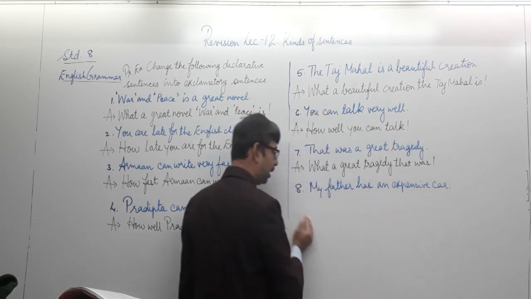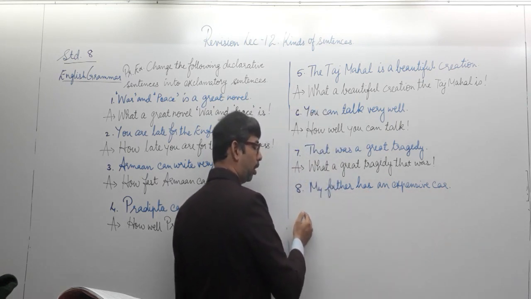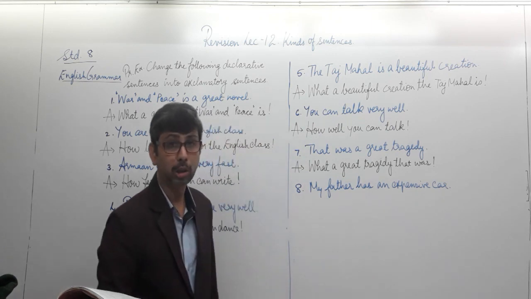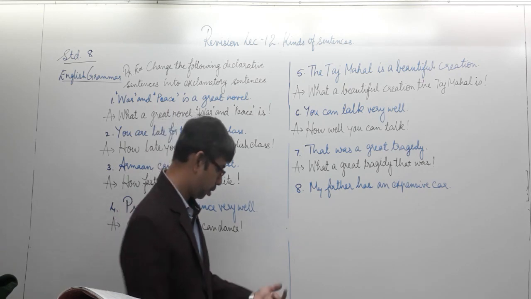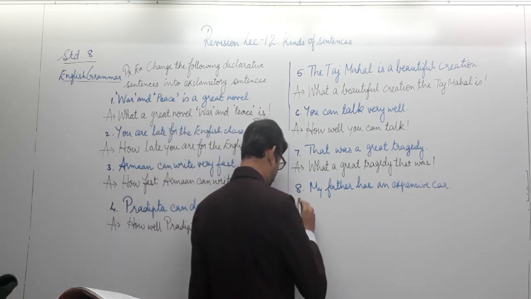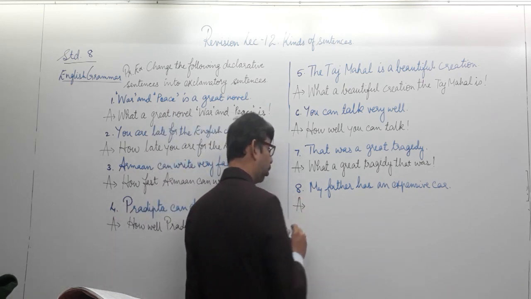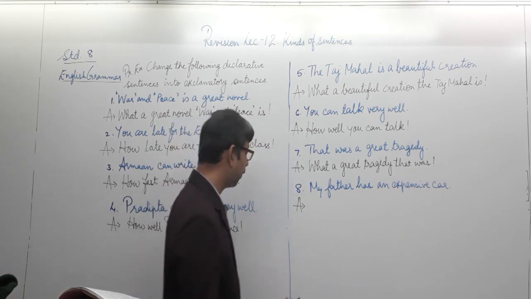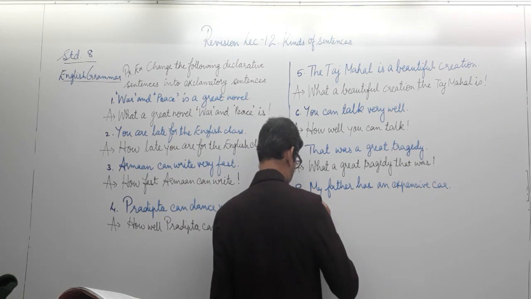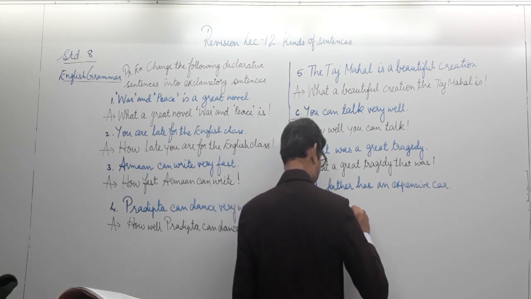When you try to write the exclamatory sentence, you will be using the word what, which has been mentioned in the predicate part as an object. So let's write the answer beginning with the word what and not how. We don't say how an expensive car or how expensive car. No, it would be completely incorrect to say so. So what an expensive car.